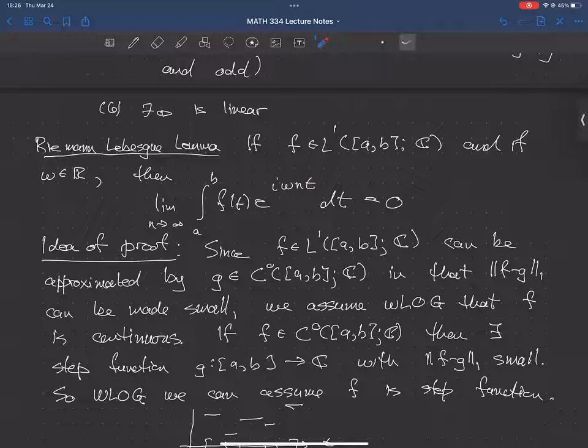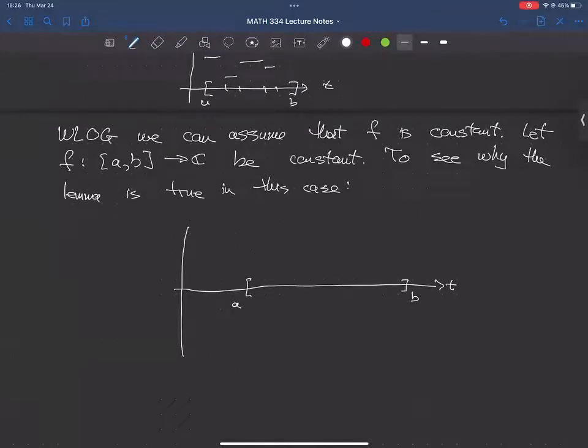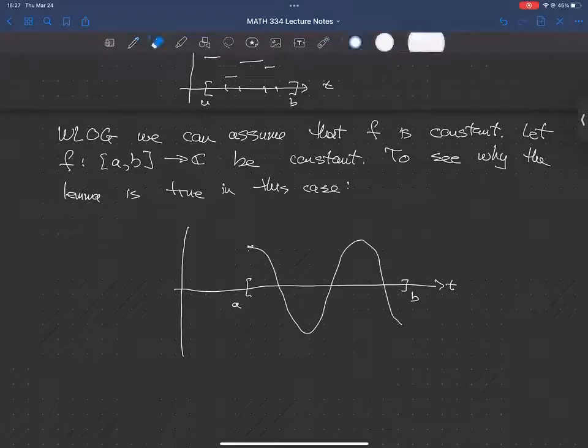Then on the interval AB, I'm just going to have some harmonic function with frequency omega or omega over 2 pi or something. It's not necessarily going to start at 0 and end at 0, but it doesn't really matter. Let's suppose that it looks something like this.